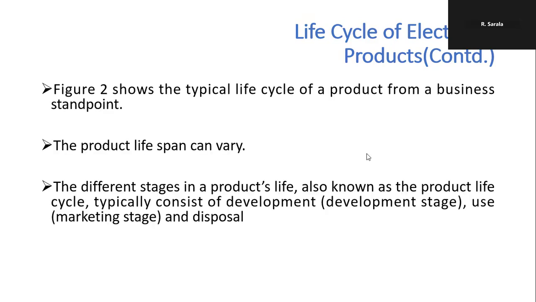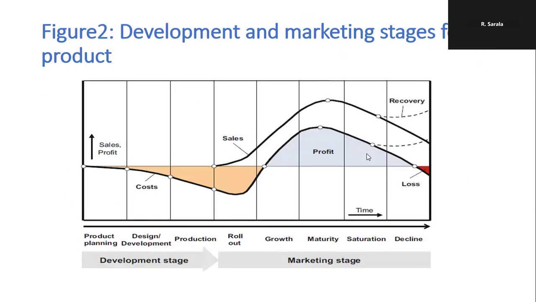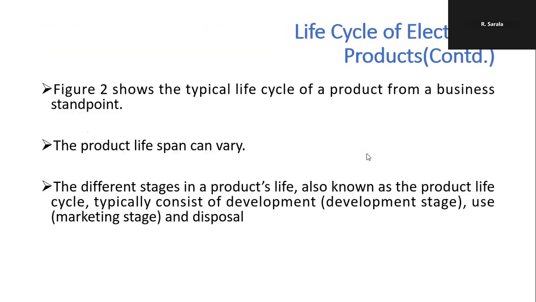Okay, so we will see one figure. This figure shows the life cycle of any product. Based on the product, the life cycle may vary. Here we need to see the different stages of product life.